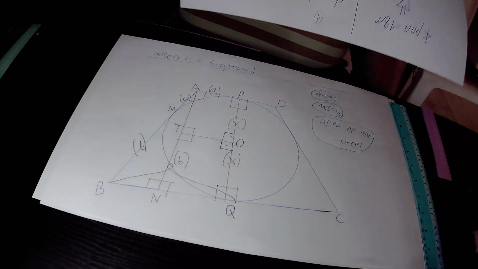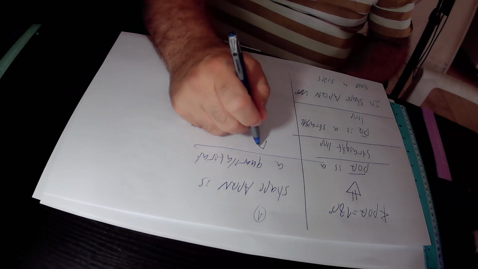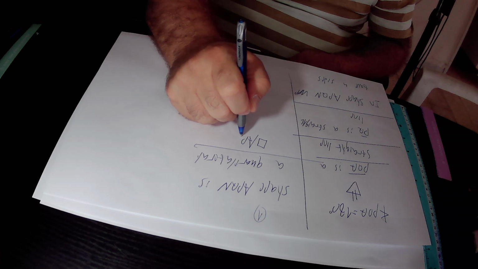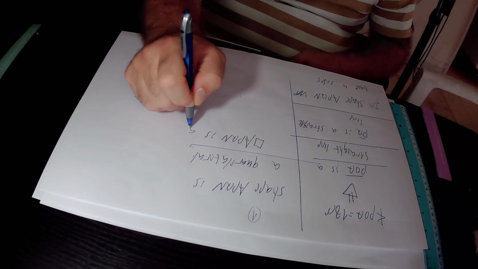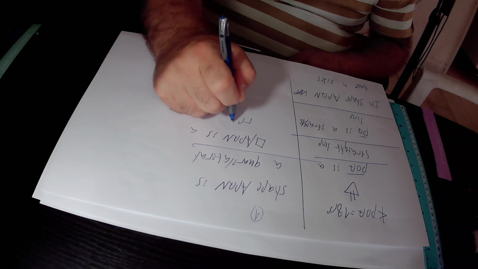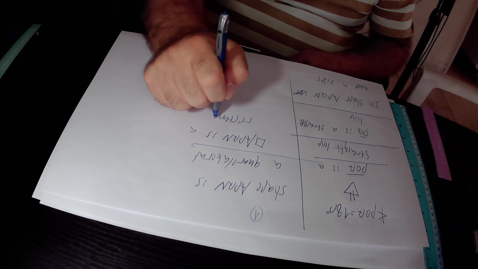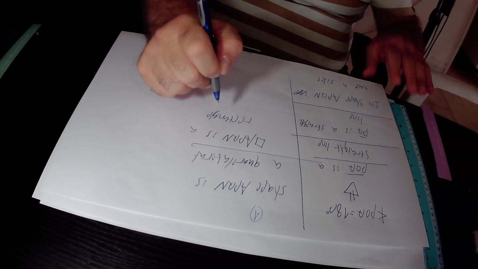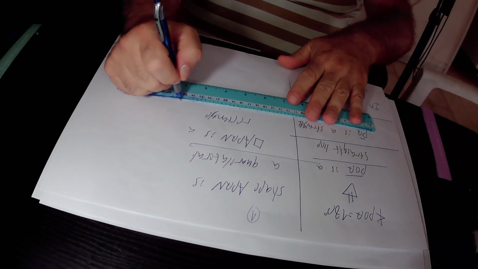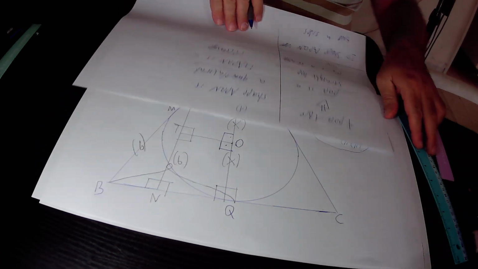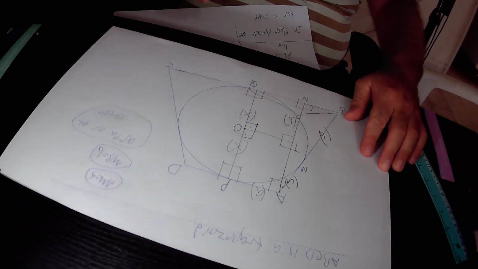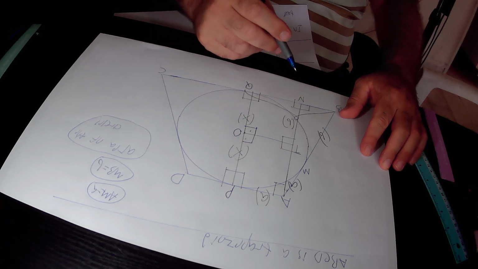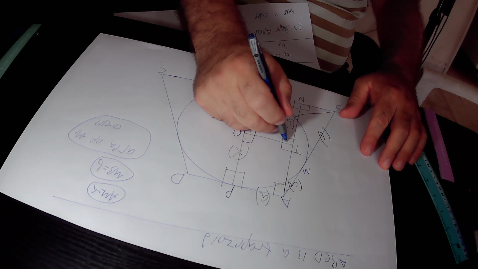As you know, quadrilateral APQN is a rectangle according to rule 5.